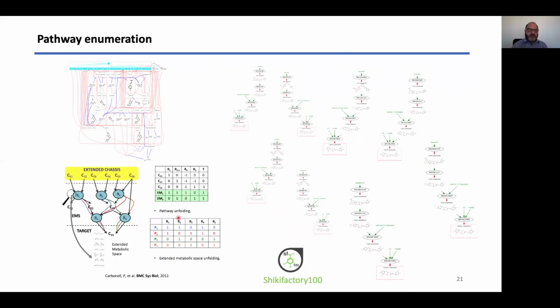It's a way, based on linear algebra, of decomposing your big map into a basis that tells you all of these basic routes. For instance, in the Shiki Factory 100 project, we are using this approach and others, because there are several groups, for instance from Silico Life and from EPFL, that are also applying their strategies in order to enumerate, in order to know all of these hundreds of pathways that can exist.